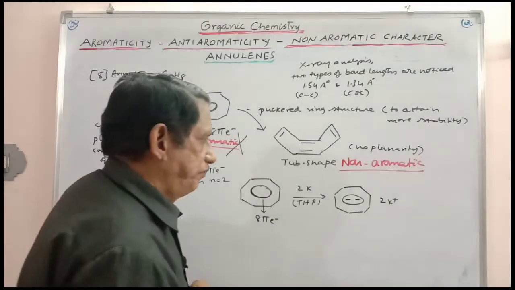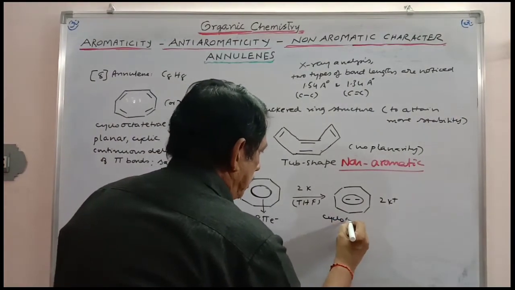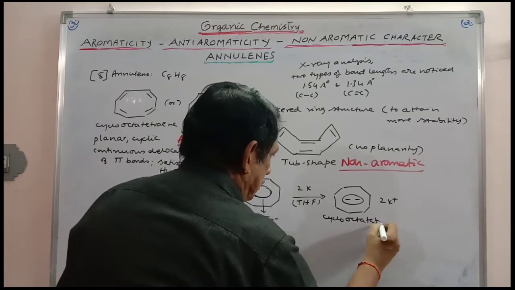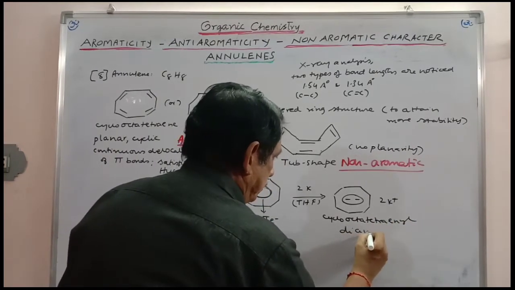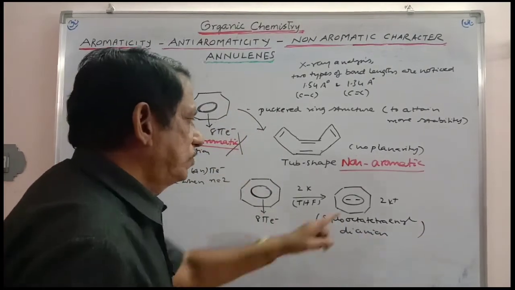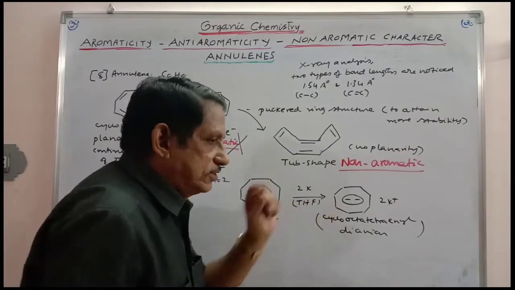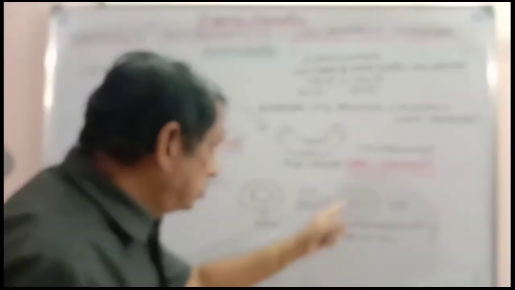Anion means IDE. What is this called? Cyclooctatetraenyl dianion. When once it is converted into this, the top structure will be converted into this structure. Why? Because it is aromatic.